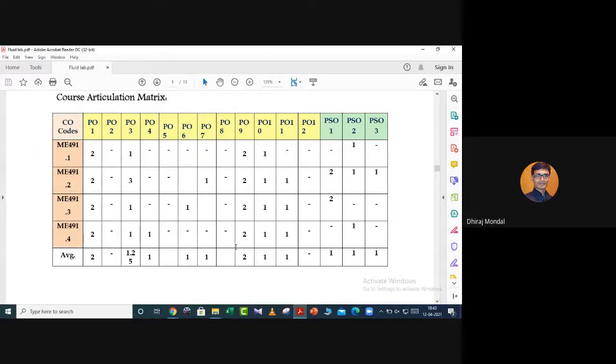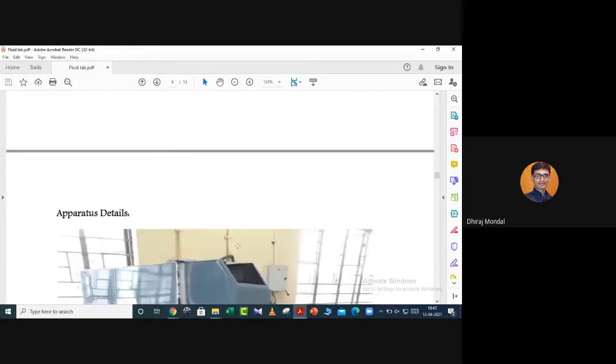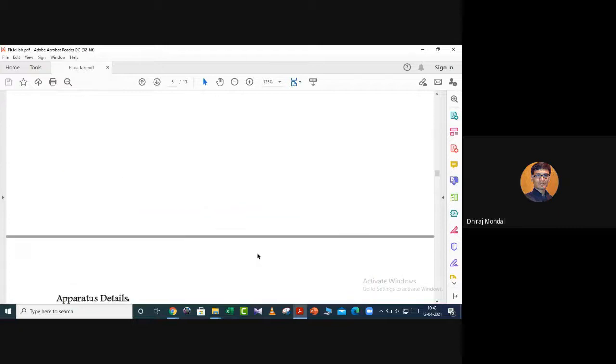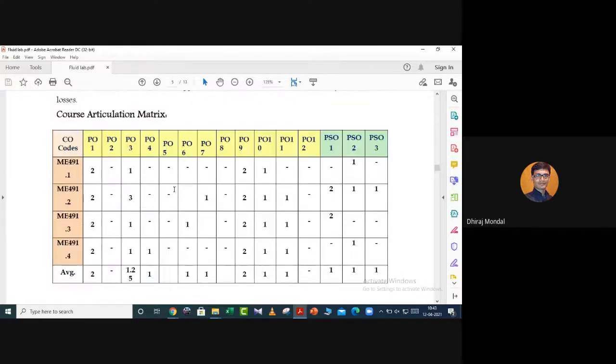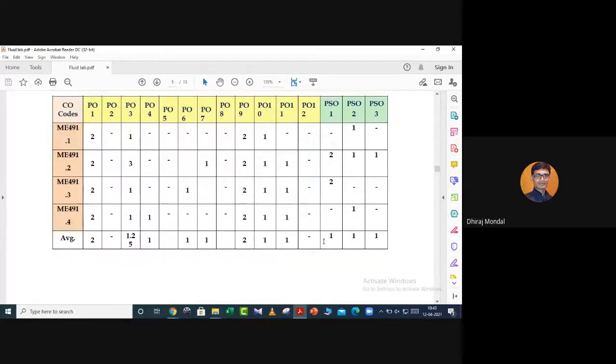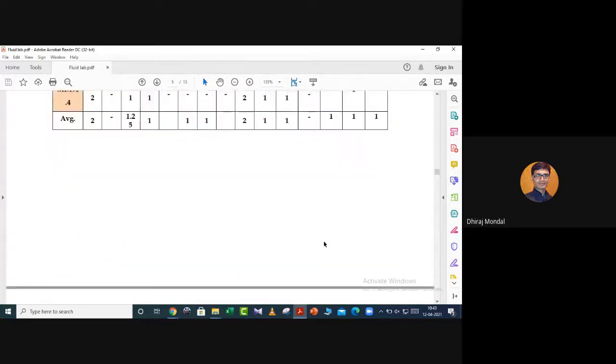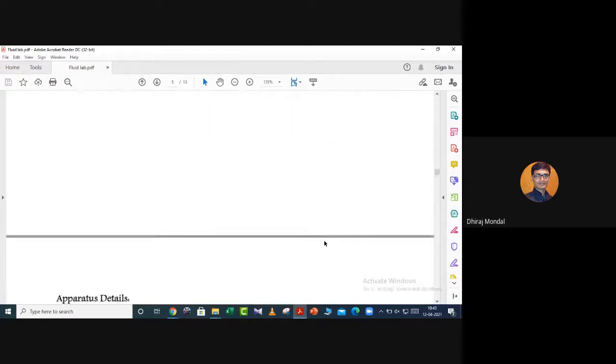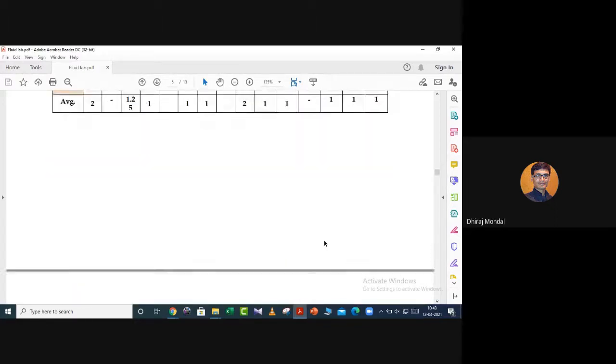That is why this type of mapping of CO versus PO is very important, and this is your PSO, you can see. So you need to know about this CO, PO and all this.